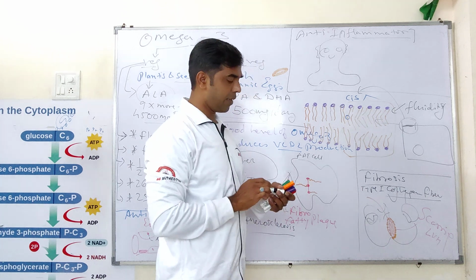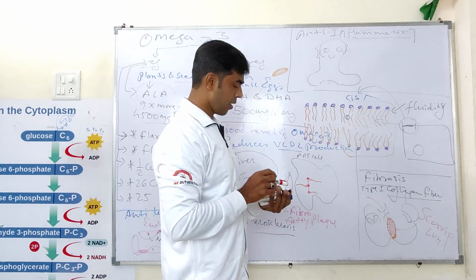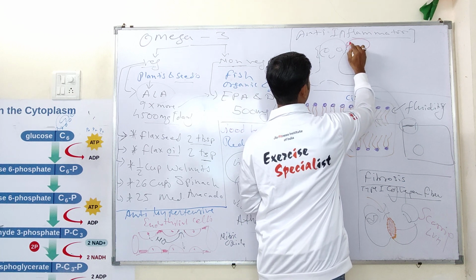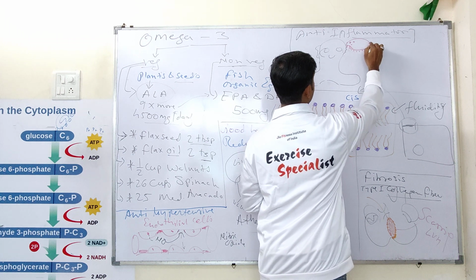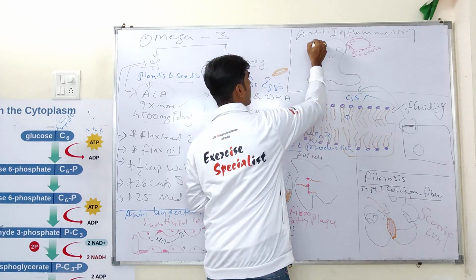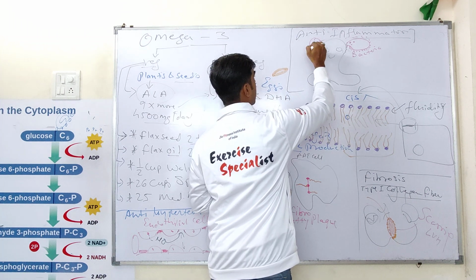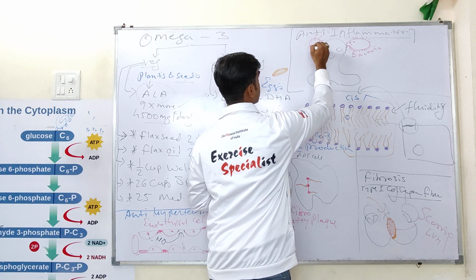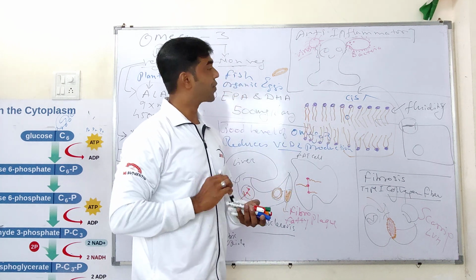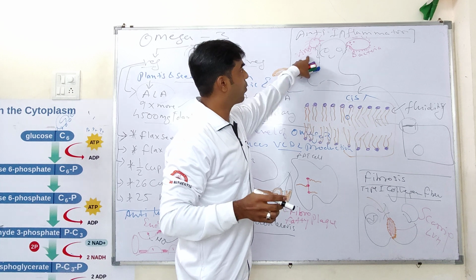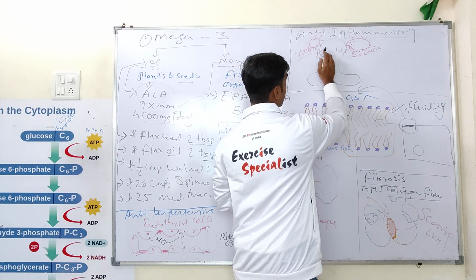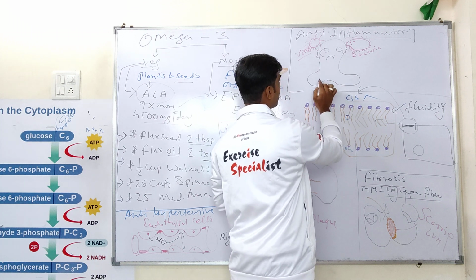And this cell is under attack by, suppose this is your bacteria. Right? Or virus. You know there are different shapes of viruses, right? Suppose this is a virus. Whenever the cell is under stress, whenever there is attack from the virus or bacteria, the cell is under stress.